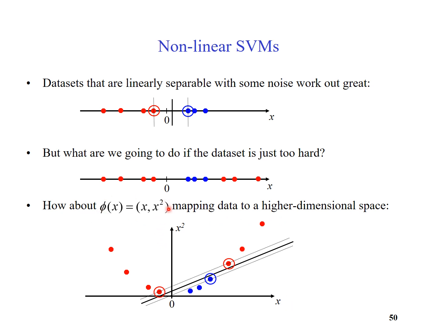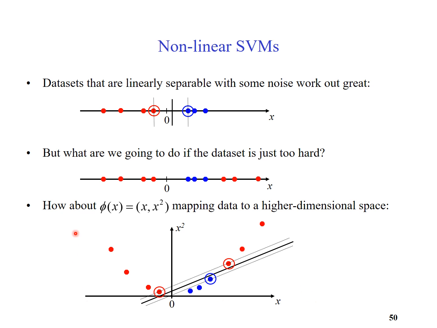Again, in summary, in a nonlinear data set, we cannot use linear SVM. So to solve it, we expand the input dimension into a higher dimension. In this case, one dimension is expanded to two dimensions. In higher dimension, we find a linear classifier.